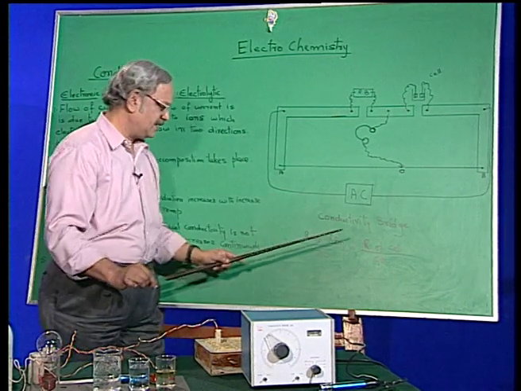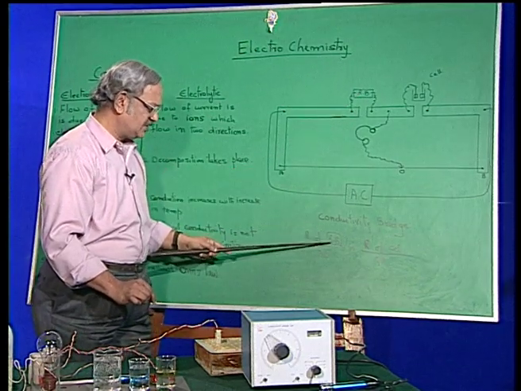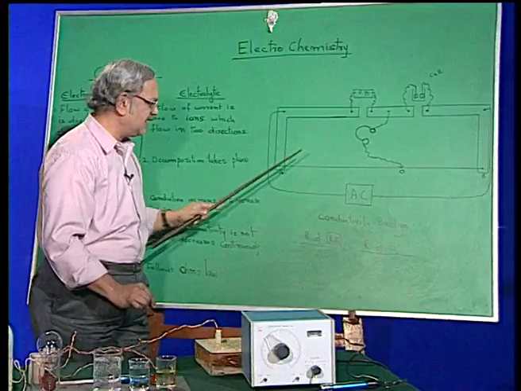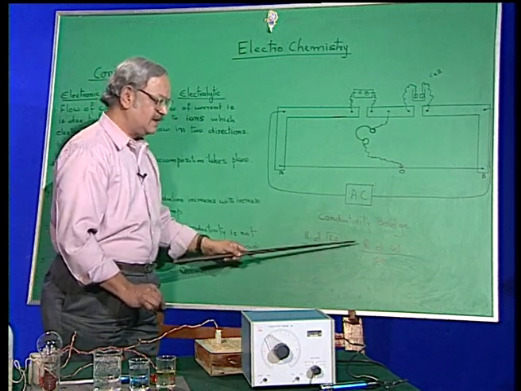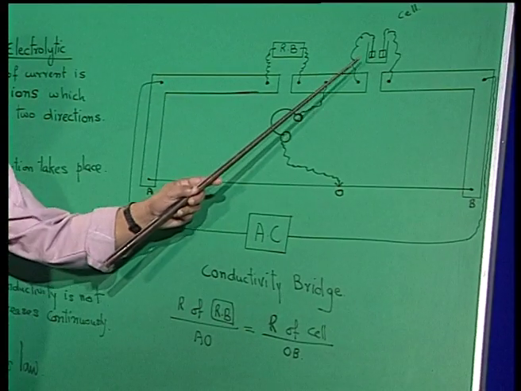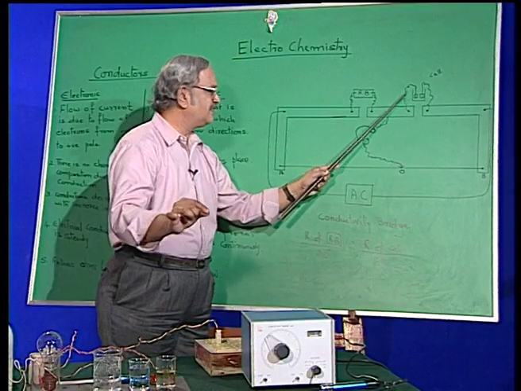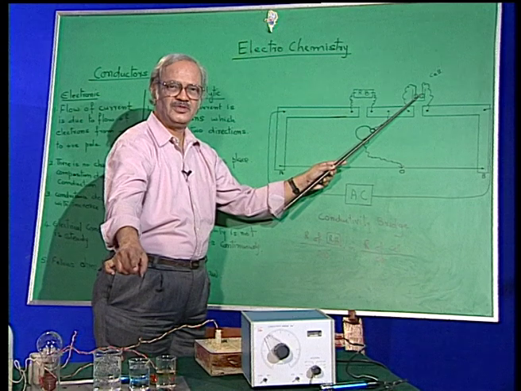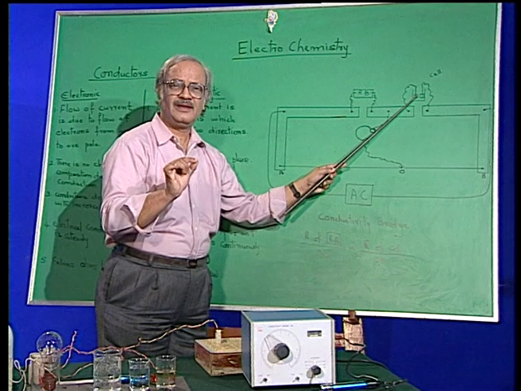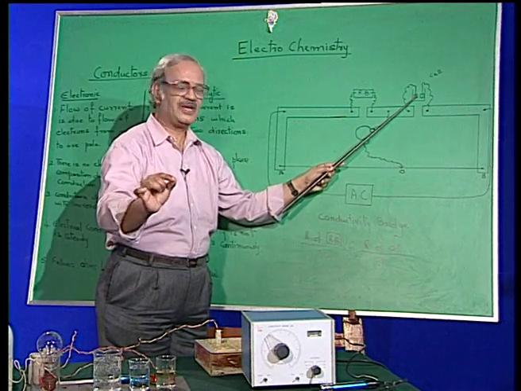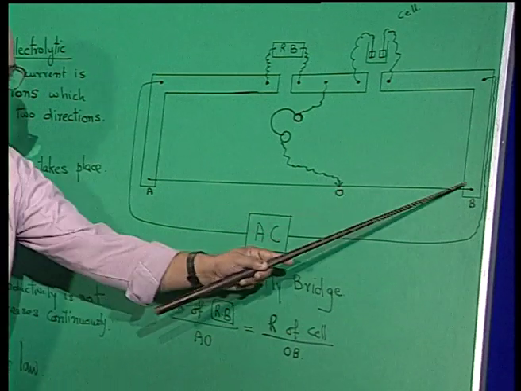Applying the formula, the resistance plugged out from this resistance box and the corresponding length AO, divided by AO, gives the resistance offered by the solution in the cell, that is, the resistance of the given unknown solution. As I said, if we had taken acetic acid, that means I am now measuring the resistance of acetic acid. So, that is the unknown here. OB length is experimentally determined.